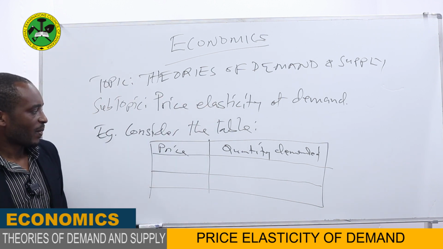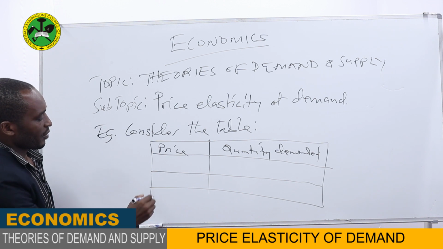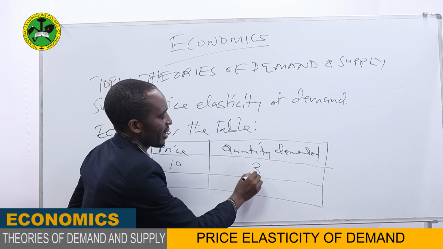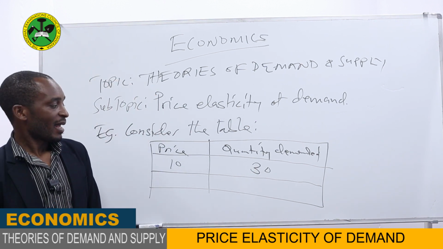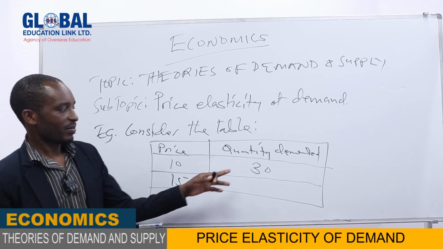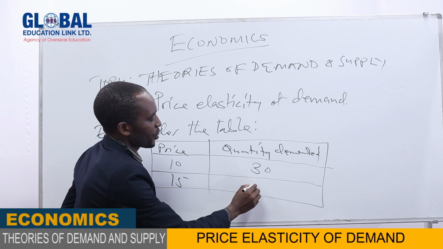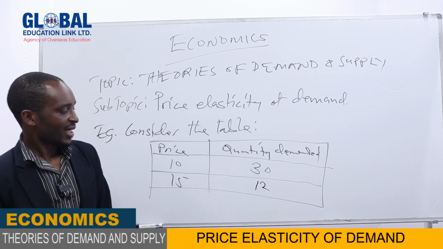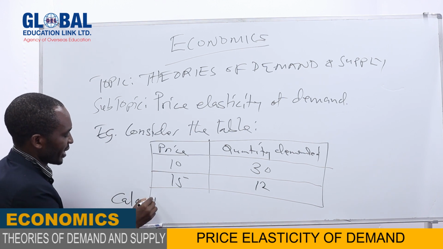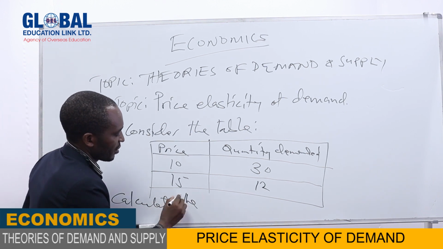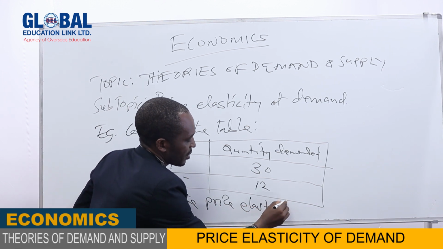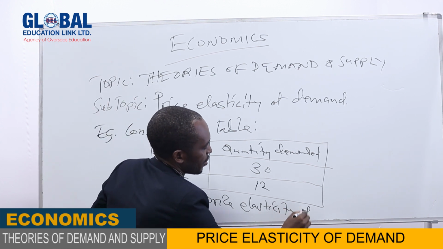So let us assume the price was 10 and the quantity demanded was 30 units. And the price changed from 10 to 15 and the quantity demanded falls to 12.